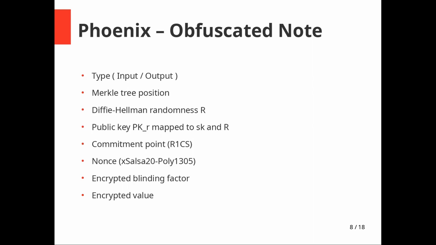So in the case of the block generator, for example, he will inject his public key on the node. So he will change the PKR only. He will not change the commitment point, because the commitment point is related to the value of the node.